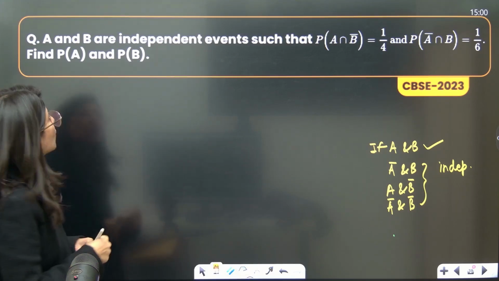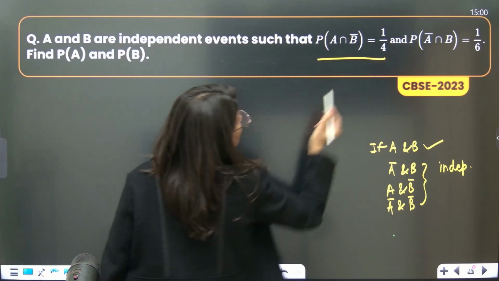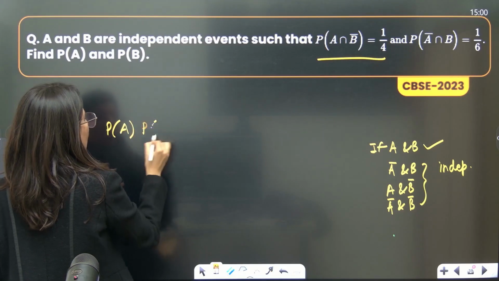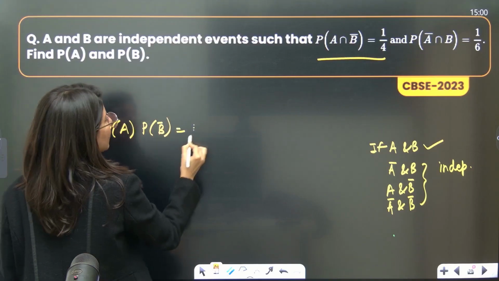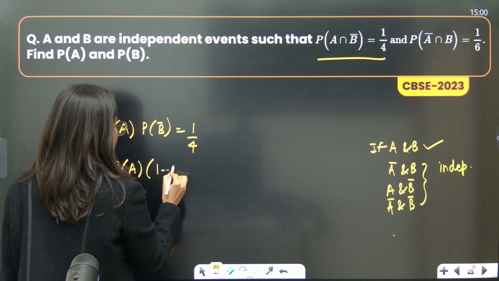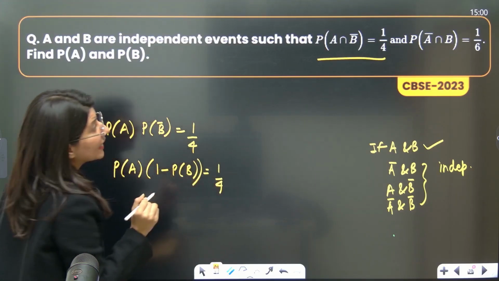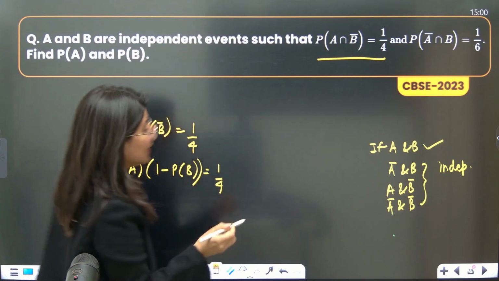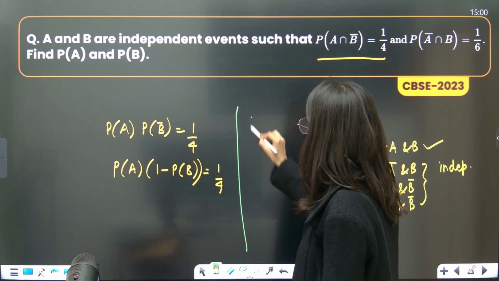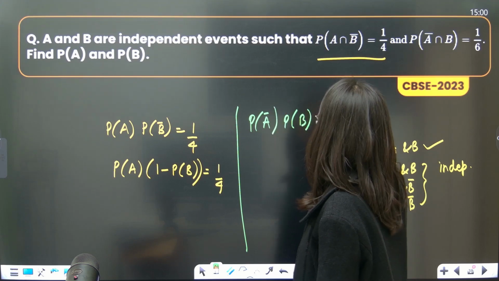Okay. So now A and B are independent such that A intersection B bar is 1 by 4. So A intersection B bar is probability of A times probability of B bar, and they are giving 1 by 4. So from here probability of A times 1 minus probability of B is 1 by 4. Second thing, probability of A bar intersection B. So probability of A bar times probability of B is 1 by 6.